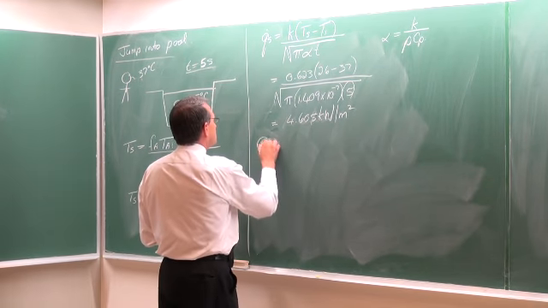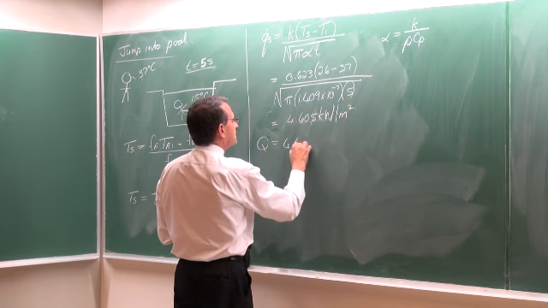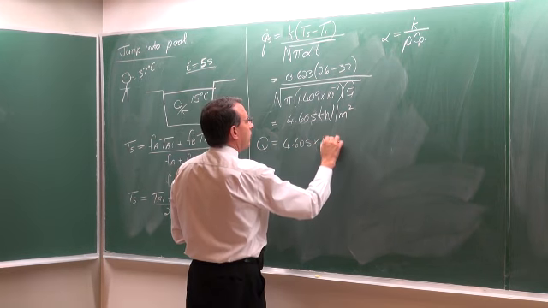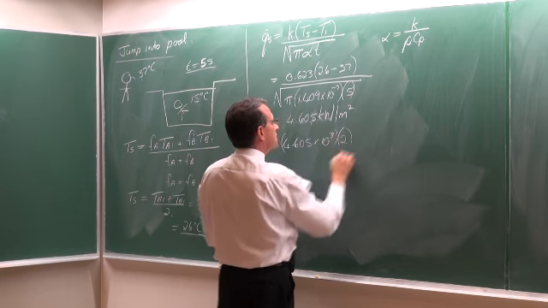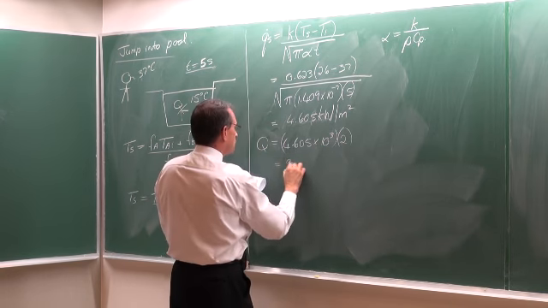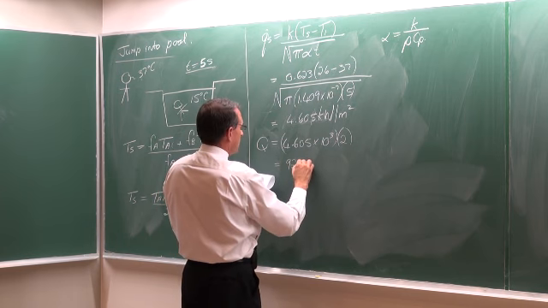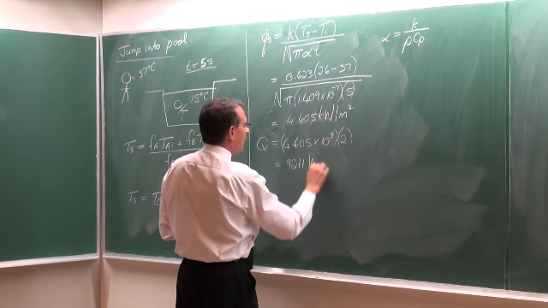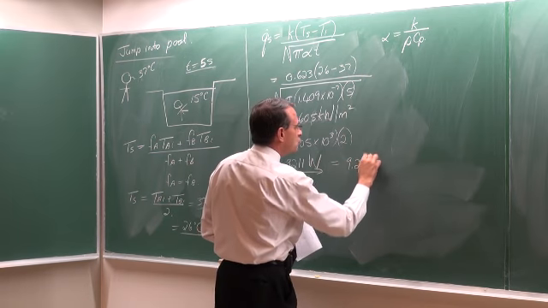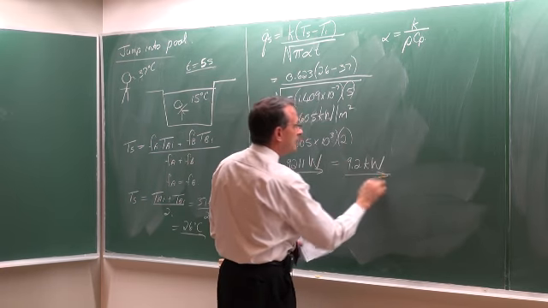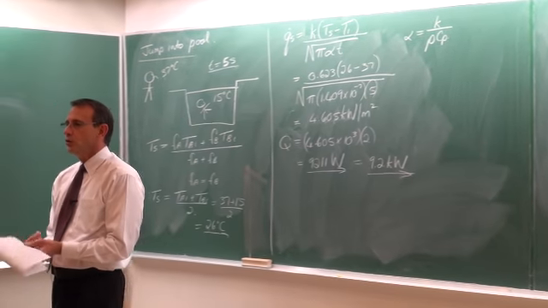So the total heat transfer rate is equal to 4.605 times 10 to the third multiplied by the surface, which is equal to 2, and that is equal to 9,211 watts. So it is equal to 9.2 kilowatts of heat going out of your body into the water.